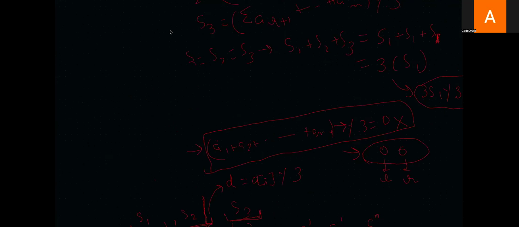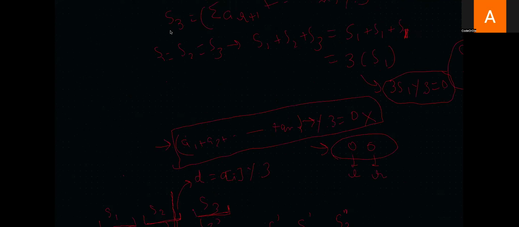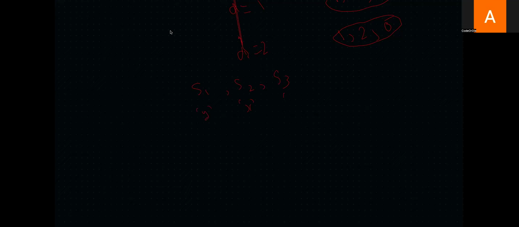I proved that if there is a segment S1, S2, S3, and let's say that its length is X, its length is Y, and its length is Z, then if you reduce the size of this by 1, and if this was a valid solution, first we have to know that this was a valid solution.